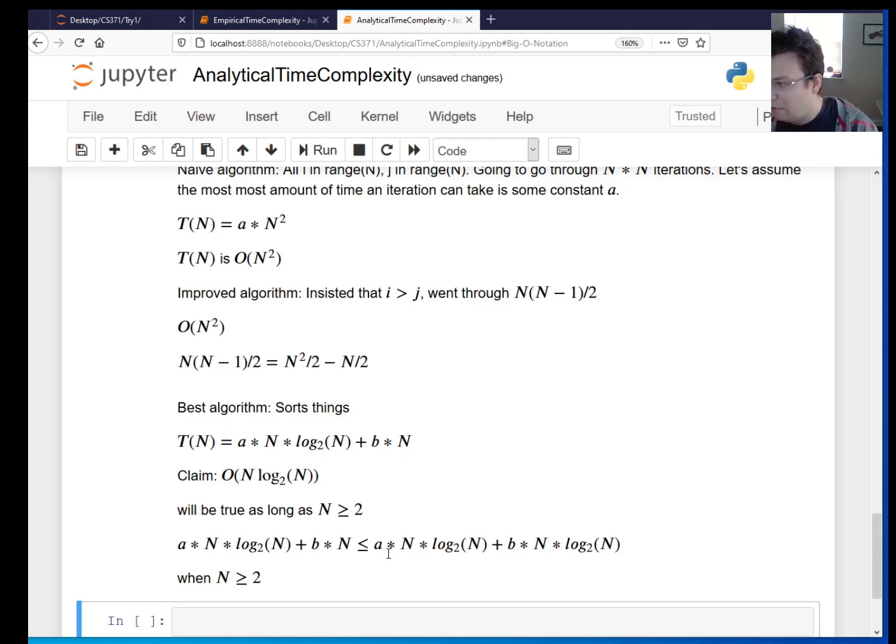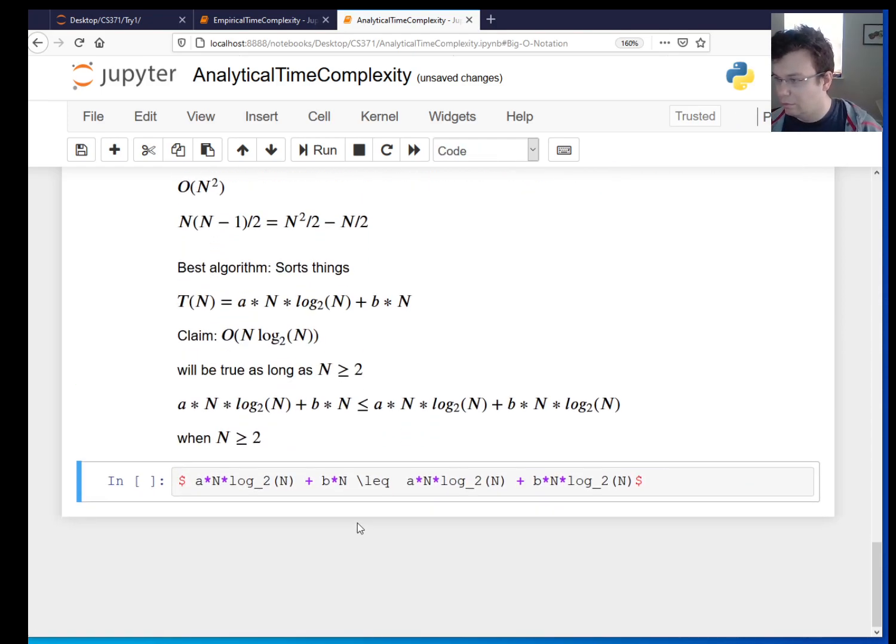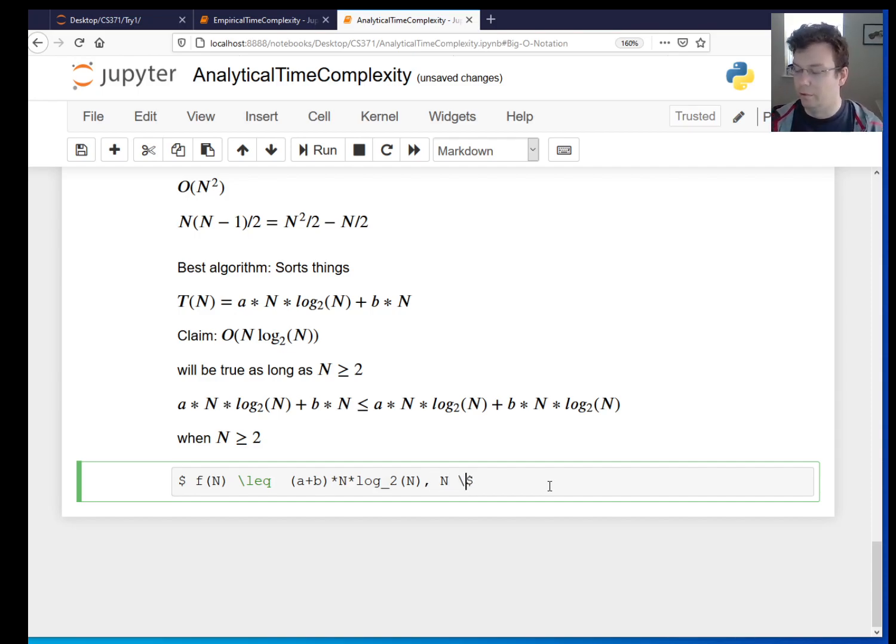All right, so now I've managed to do this, and I can combine like terms. Really, what I'm saying is that my f of n is less than or equal to quantity a plus b times n log n, as long as n is greater than or equal to 2.